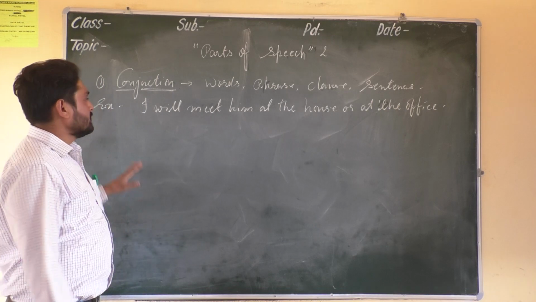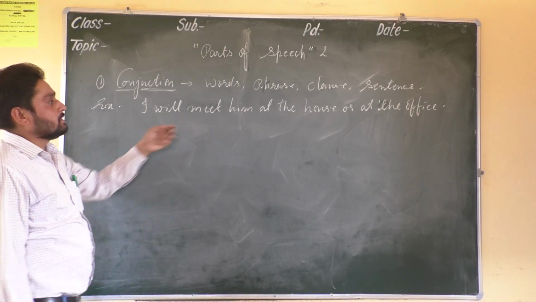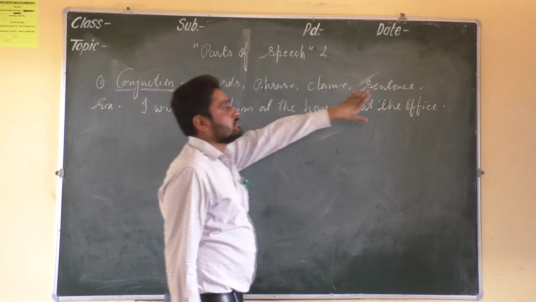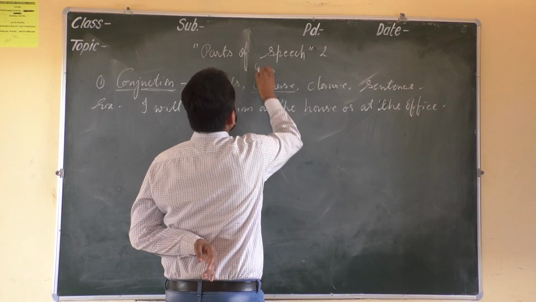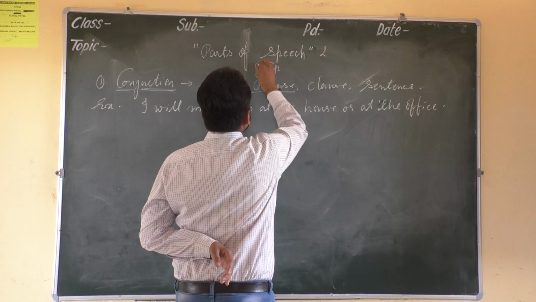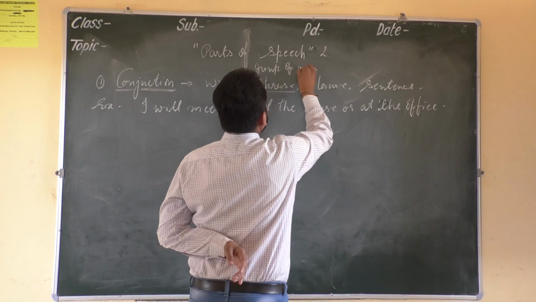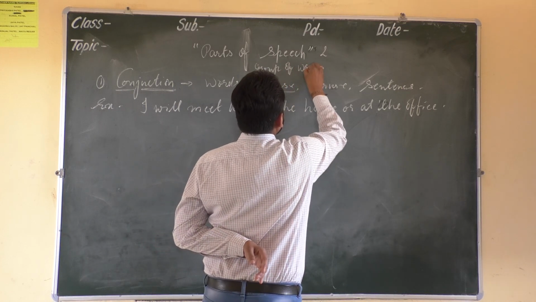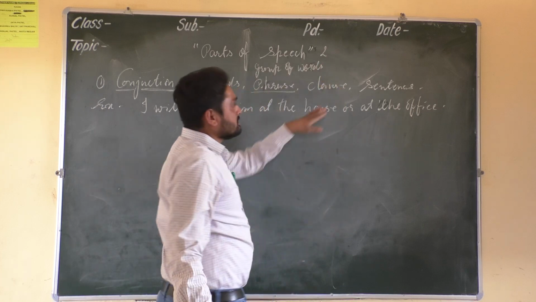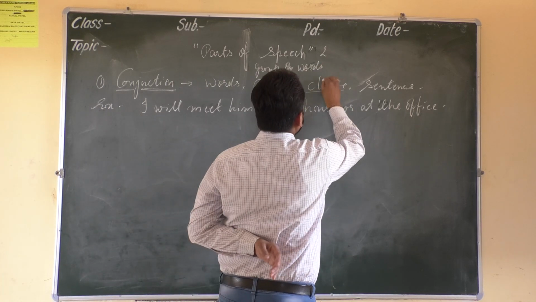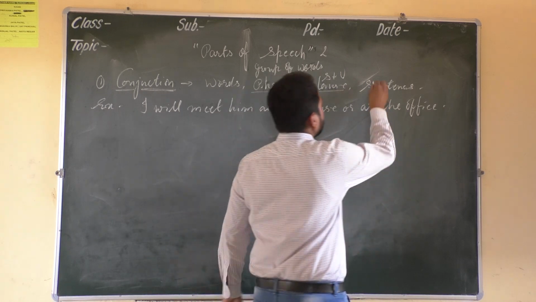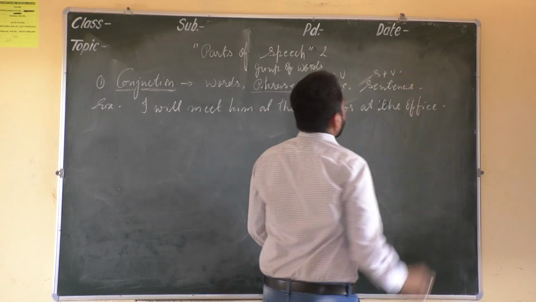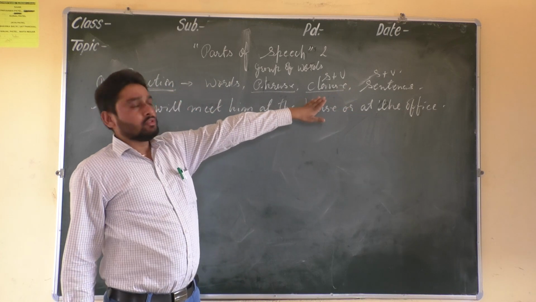Before we understand the example, we have to understand what a phrase, clause, and sentence are. Phrase means a group of words. A clause has a single subject and a single verb. A sentence also has a single subject and a single verb. So both are similar.